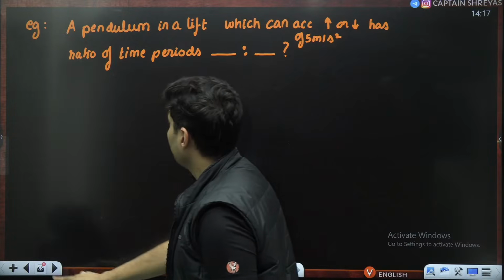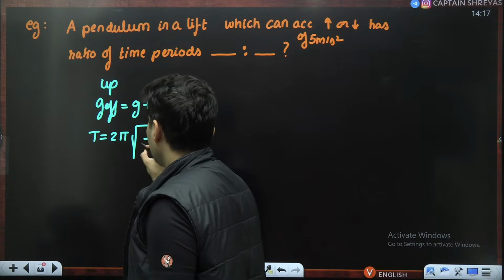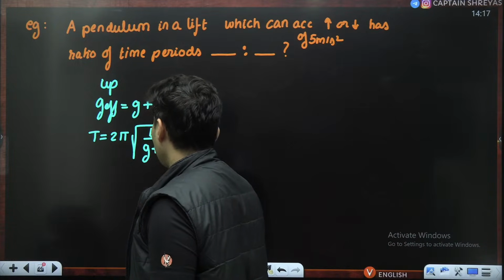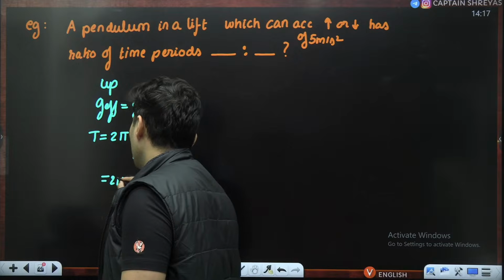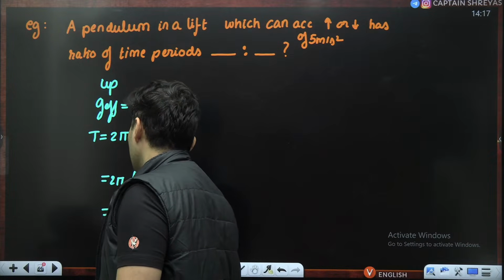Okay, now it's fine. So 2 pi root L by, instead of g, you will put g plus a. That's all. So this will be 2 pi under root L by 10 plus 5, which is 2 pi under root L by 15.